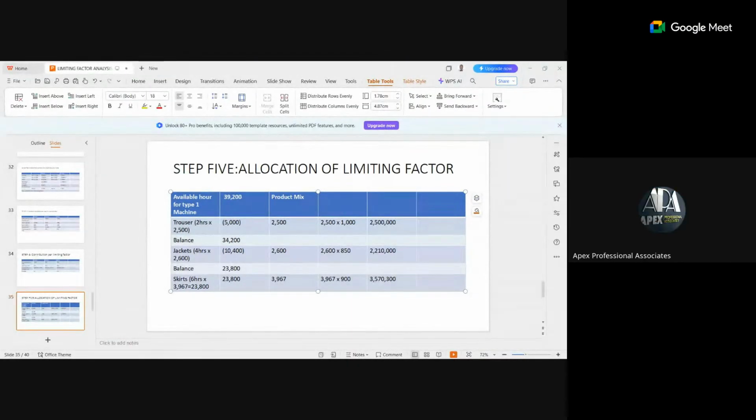When you add everything together, you less it from your total contribution. The total contribution, when you add up everything, is 8,280,300. So that fixed cost is the one peculiar to the limiting factor. That is what we are using to get our profit.